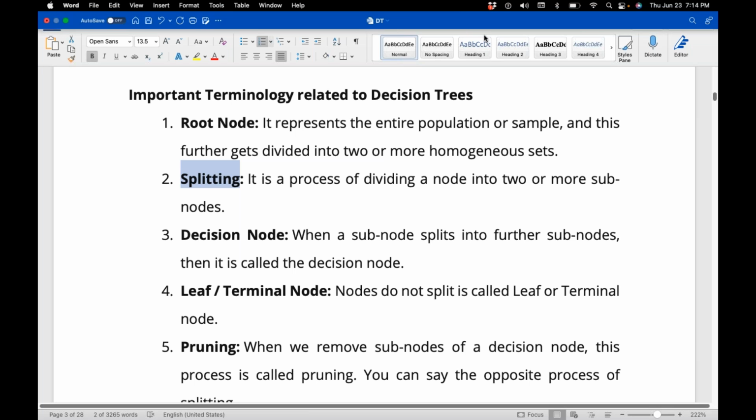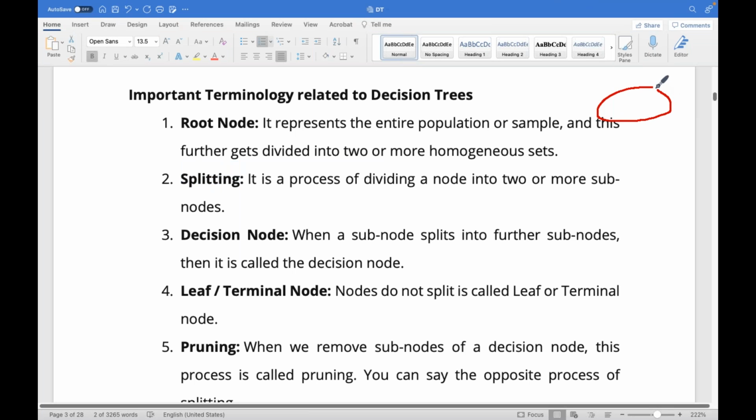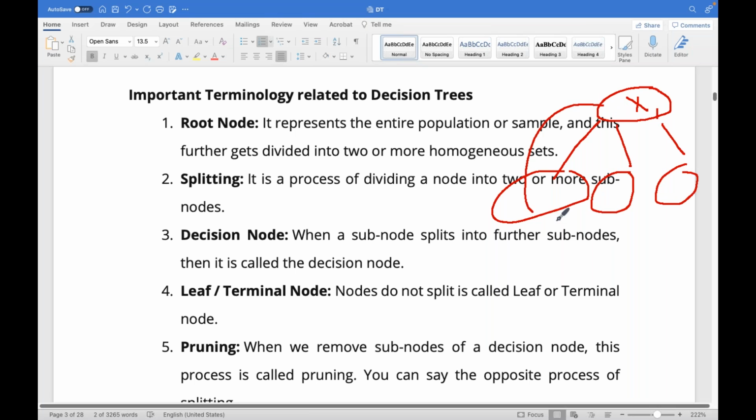For example, the first node is some x1 variable, and we have n number of x variables. After that, we divide it into three nodes. This process is what we call splitting.